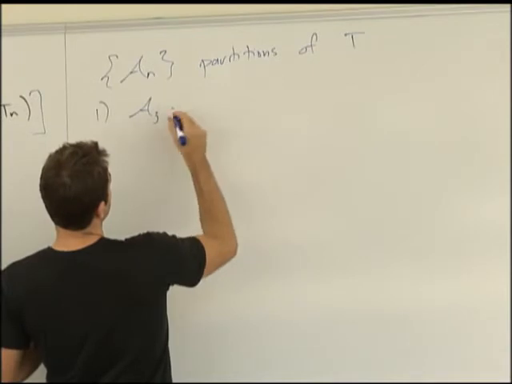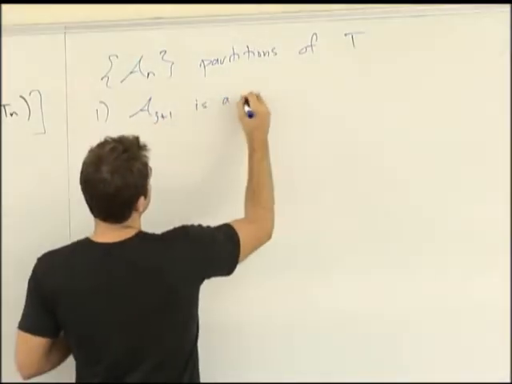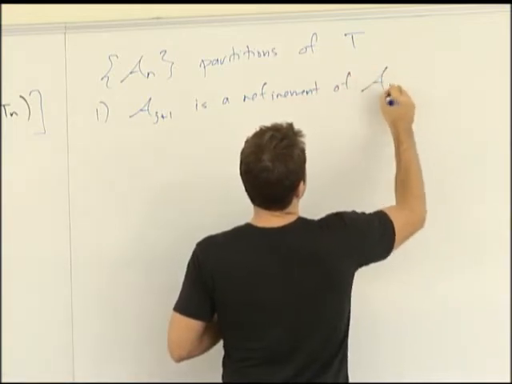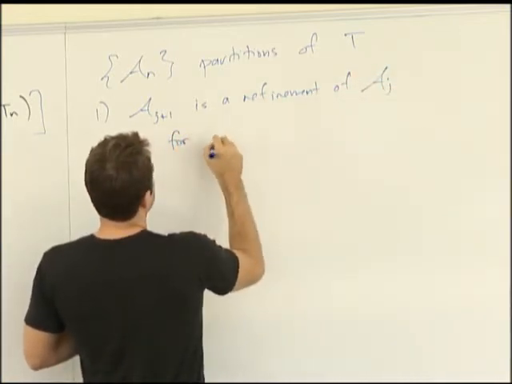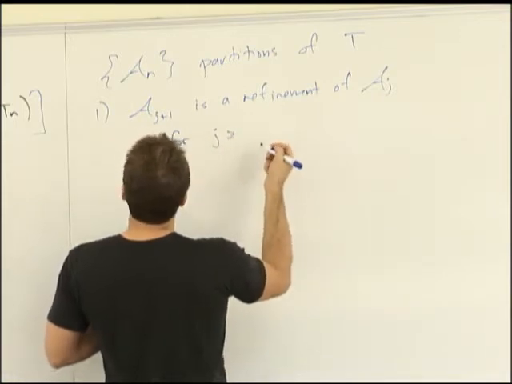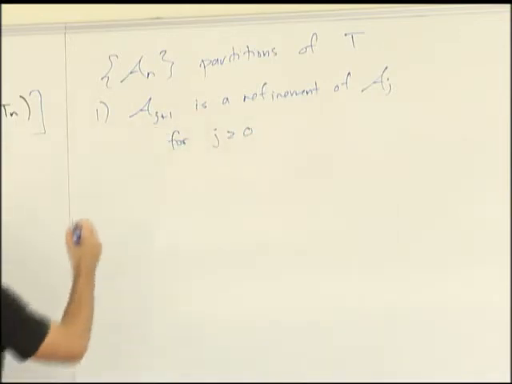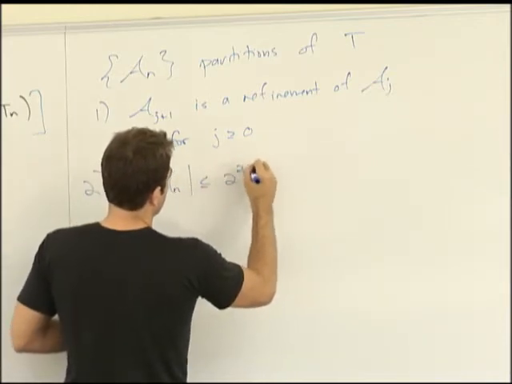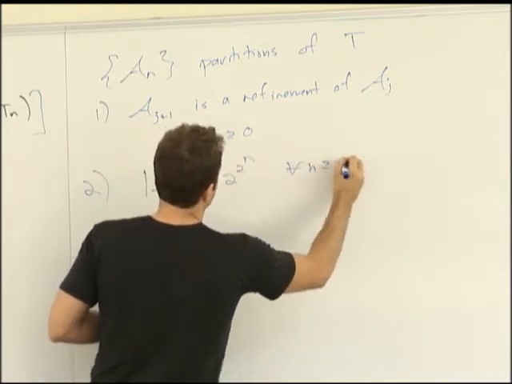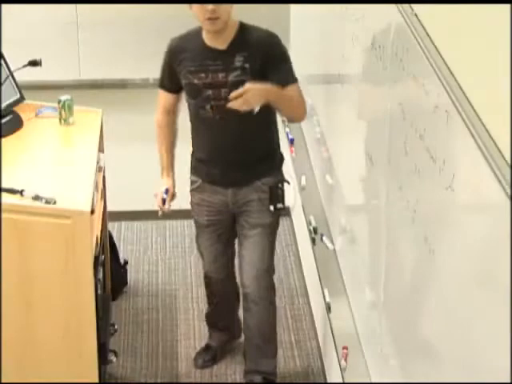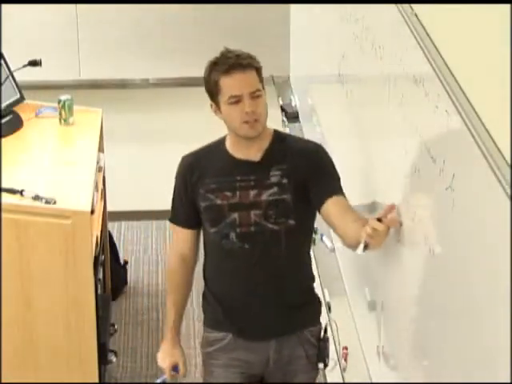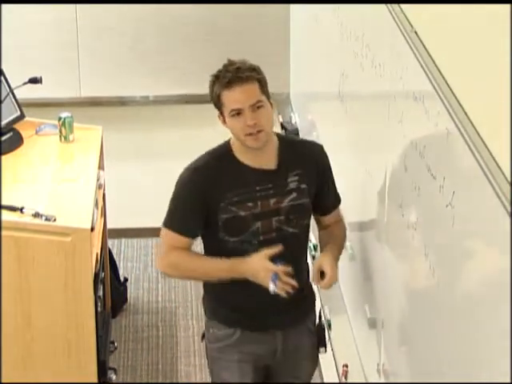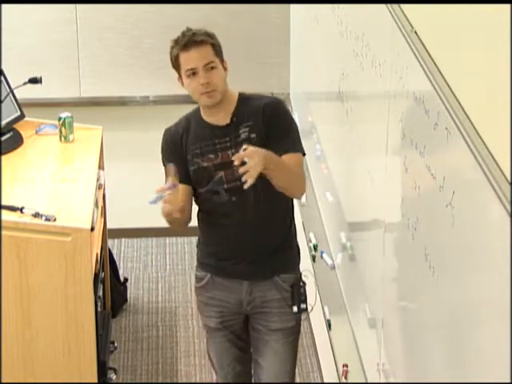So A sub j plus 1 is a refinement of A sub j for j bigger than or equal to 0. And the second property is that we're taking a sequence of partitions, each one into some bounded number of pieces, and as the index increases, we get more and more pieces.